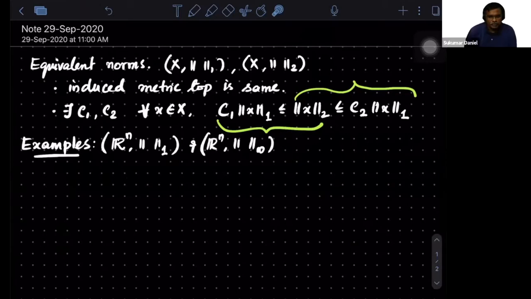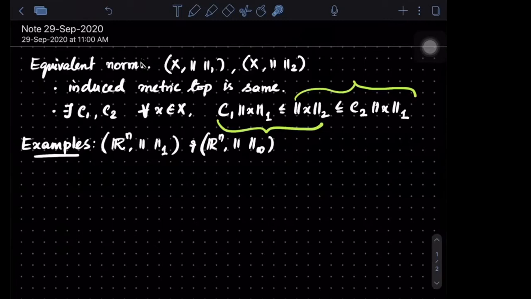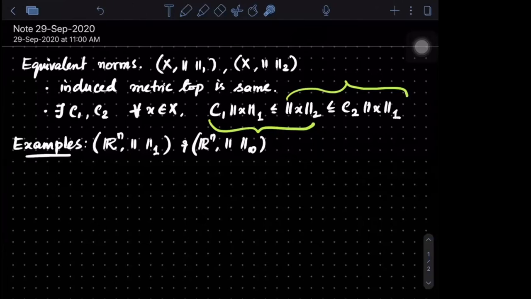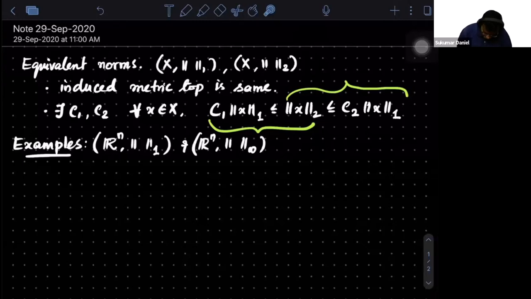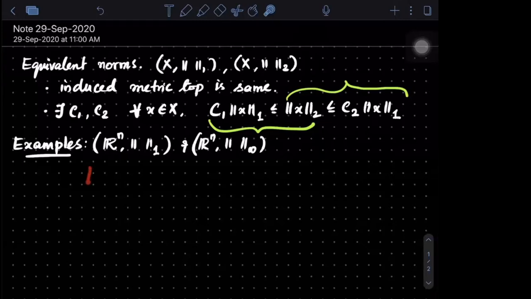I'm able to hear you. Just hold on. Are you saying? Hello, yes, sir. Hello. Sir, can you hear me? Sir, we can take the first norm to be the sup norm. Okay. And the second norm to be the 1 norm. So, like C1 can be 1 only.